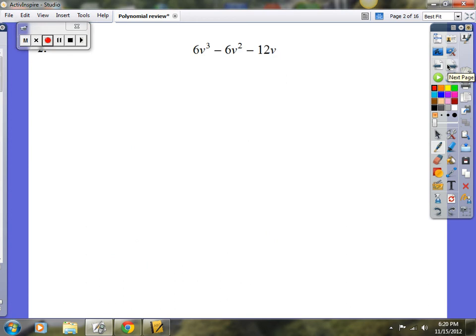Okay, problem number 2, same thing. So you've got a trinomial. Look at each piece, see if you can factor out a common factor, a GCF, and yes, I can divide each piece by 6v. So if I divide each term by 6v, I'm going to rewrite this as a times problem.